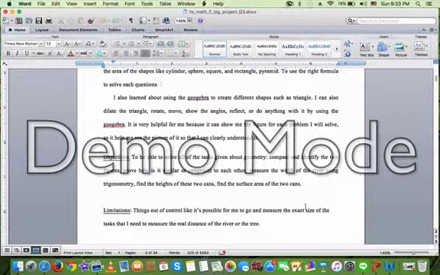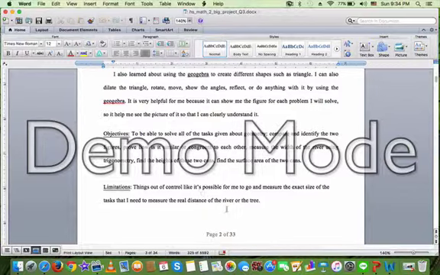The objective of this project is to be able to solve all of the tasks given, compare and identify the two figures, prove how they are similar or congruent to each other, measure the width of the river using trigonometry, find the height of the two cans, and find the surface area of it.